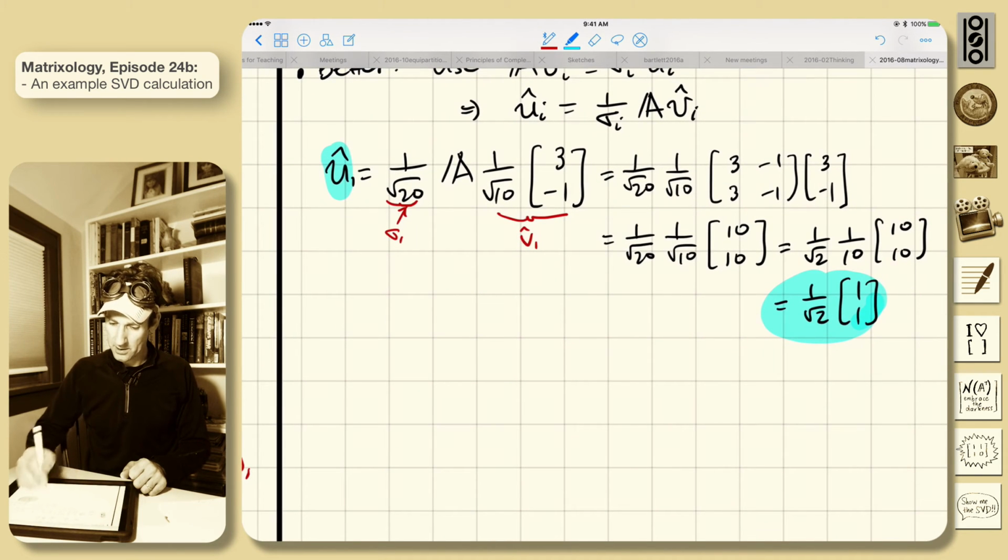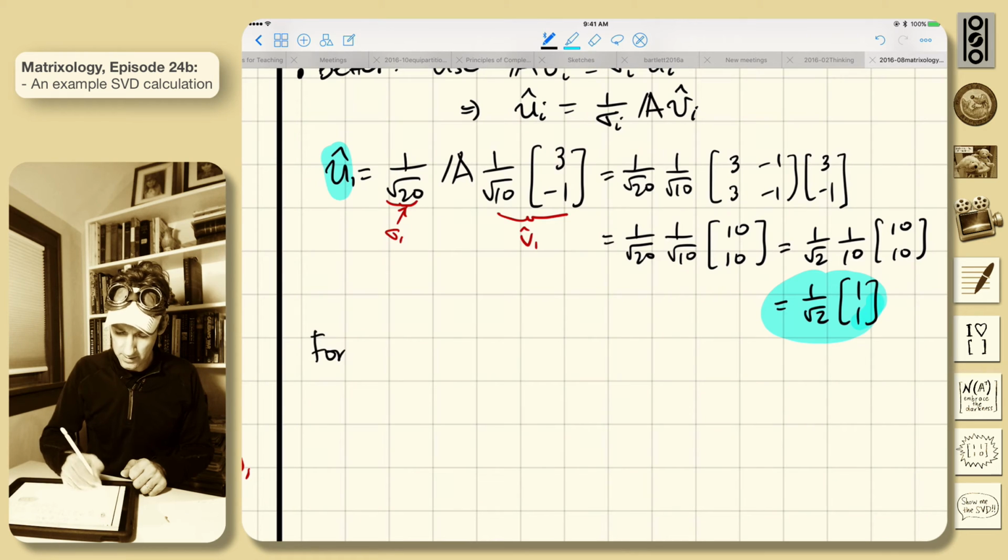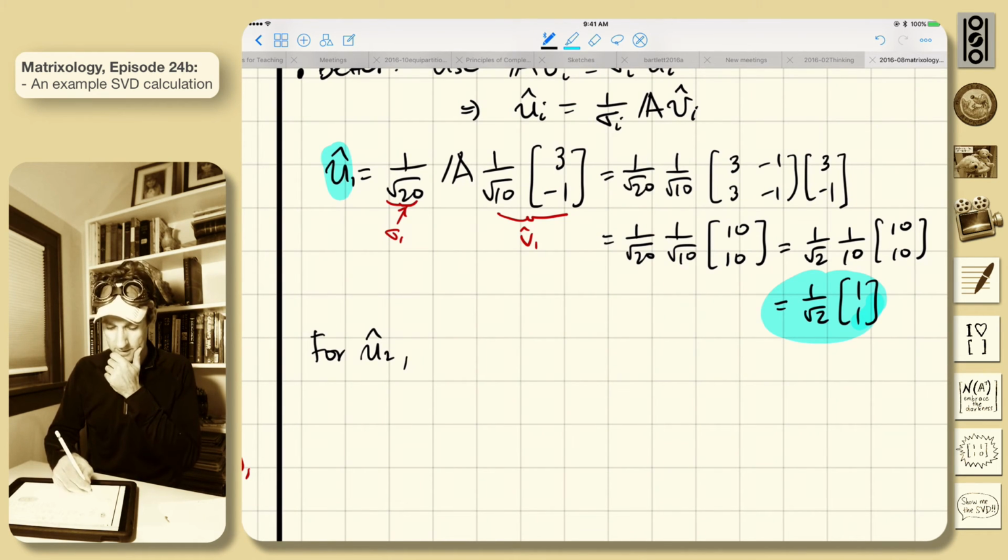Now we can't use this for U2, right? There's no sigma 2.